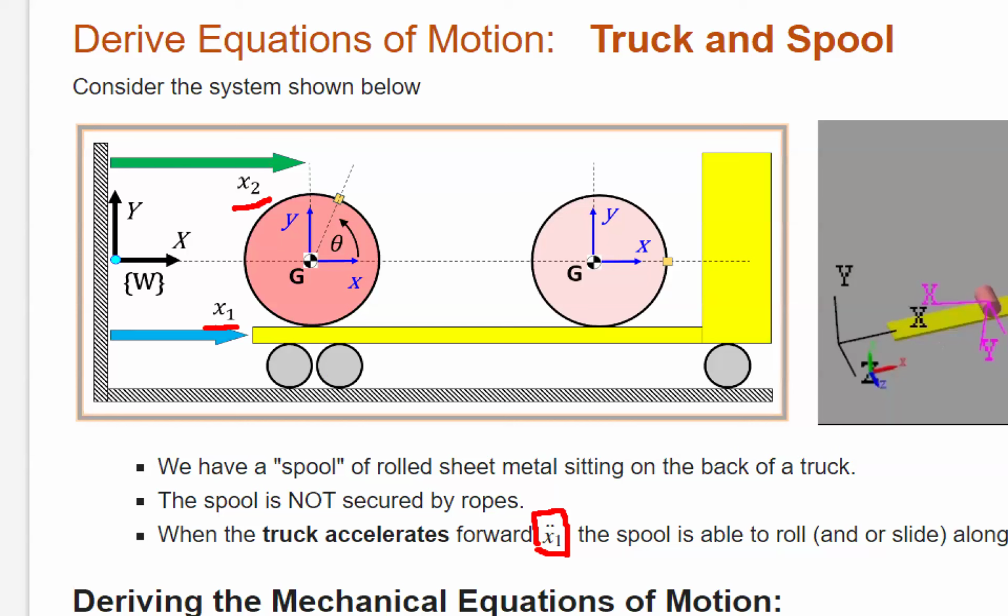We'll use x2 to denote the position of the center of mass of our spool. And the other degree of freedom that categorizes the pose of the spool is the angular one, theta. Theta is the angle of the spool relative to the horizontal inertial axis. So x1, x2, and theta.